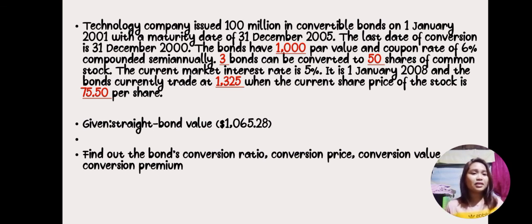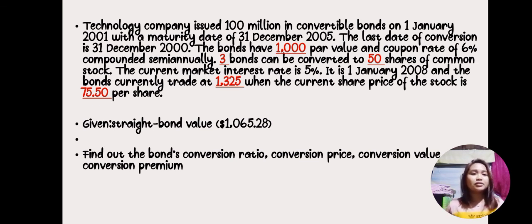The bonds have a par value of 1,000 and a coupon rate of 6% compounded semi-annually. Take note that three bonds can be converted. We have 3 bonds that are converted into 50 shares of common stock. The current market interest rate is 5%.